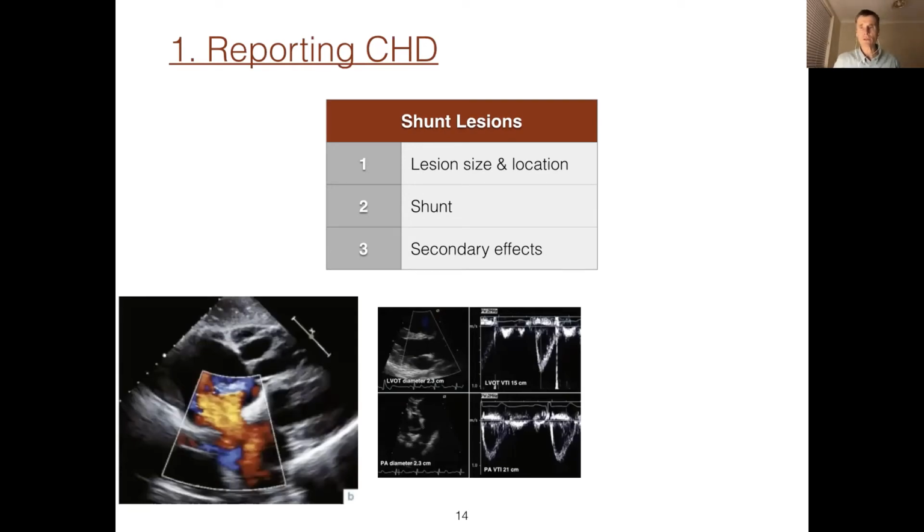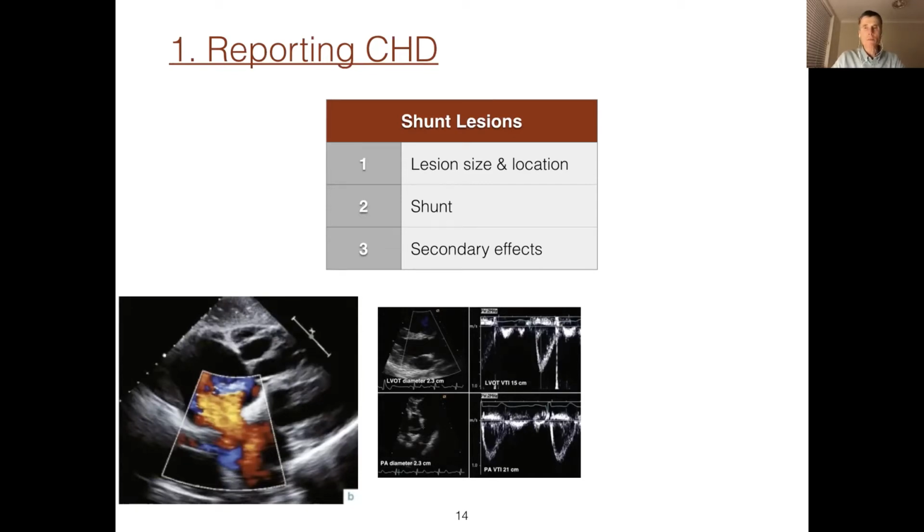One thing I should have mentioned to you, when you're measuring an ASD or a VSD for that matter, it's better to measure the lesion with the color flow mapping off. Just because of the way the colors are displayed on the screen, it tends to merge with the grayscale, and you may well overestimate the size of the defect.